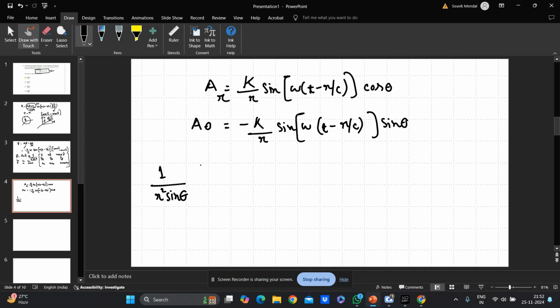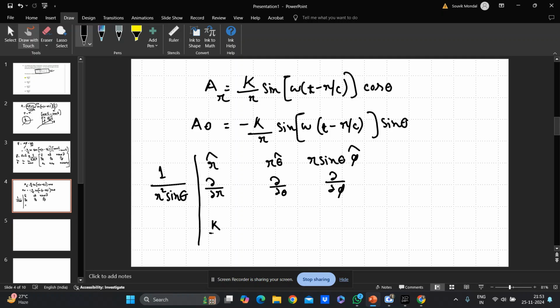r square sine theta, r hat, r theta hat, r sine theta phi hat, del del r, del del theta, del del phi. What is A r? A r is k by r sine omega t minus r by c into cos theta.